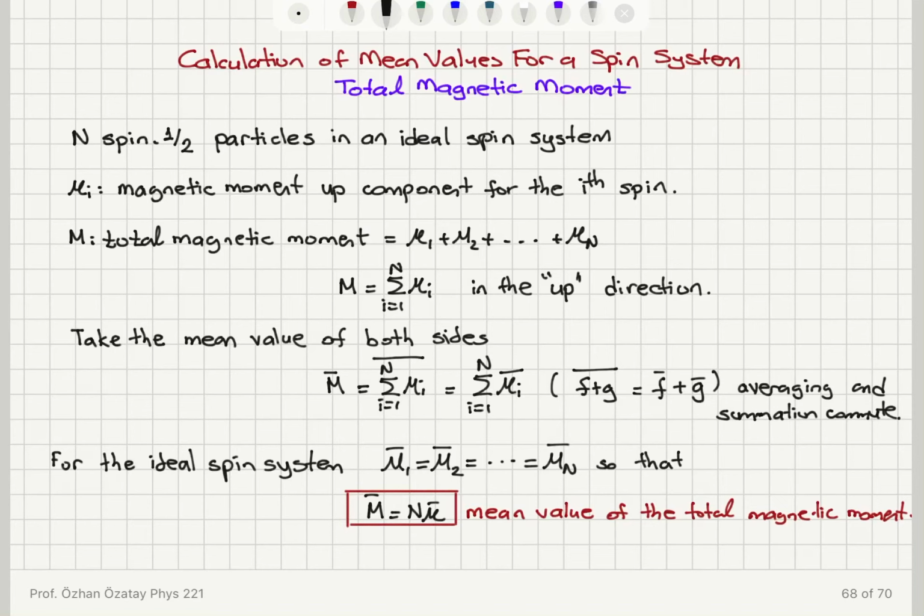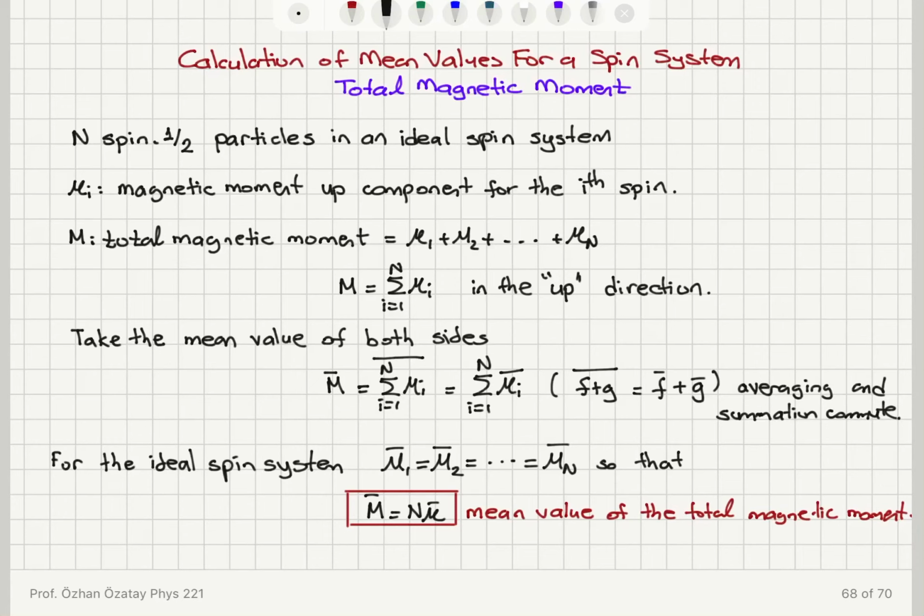If I take the mean value of both sides, I see that the total magnetic moment is the number of particles, capital N, times the average magnetic moment per particle. And this is the same for all particles because it's an ideal spin system. There is no interaction between the spins.